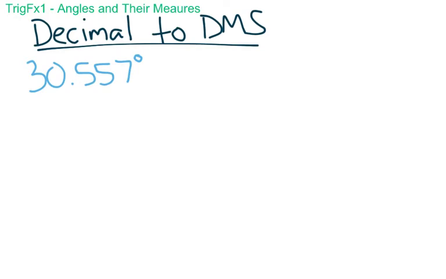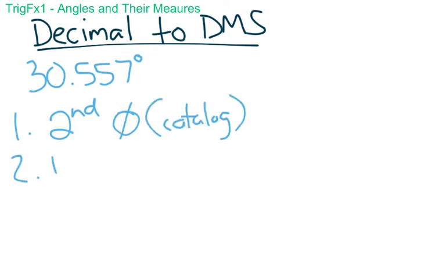seconds. Now this on the calculator is actually a little bit quicker because we're literally just going to type in this value and then convert it using one function on our calculator. So you could leave this answer on your main screen, and then go through these steps here. Step 1 is you would press second 0 again for the catalog. Step 2, we're going to look for this little sideways arrow with a DMS next to it.